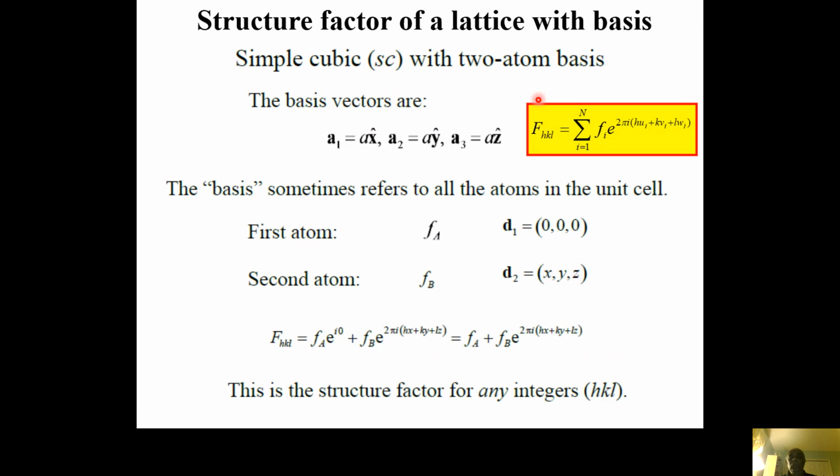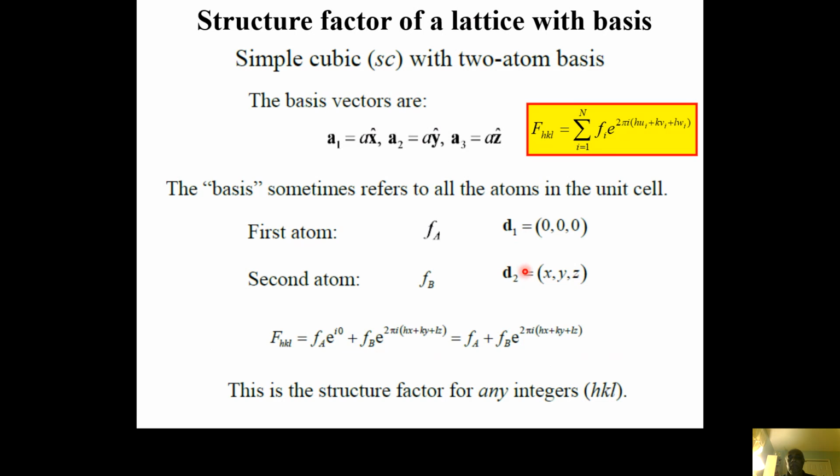If I plug into this, you get 2 terms. For i equals 1, ui, vi, wi are all 0, so you get the atomic form factor for atom A, fa, times e to the power of 0.